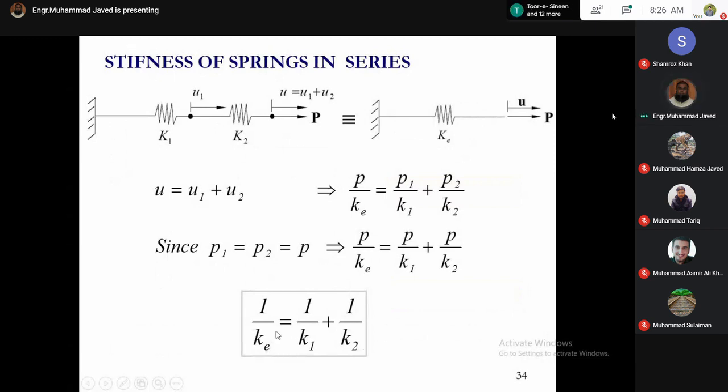That is, reciprocal of the equivalent stiffness of the single spring is simply reciprocal of stiffness of first spring plus reciprocal of stiffness of second spring, and if we have a third spring, of course, plus reciprocal of the stiffness of third spring.